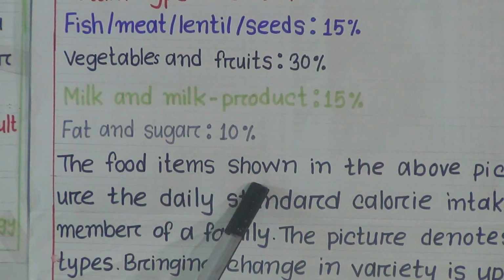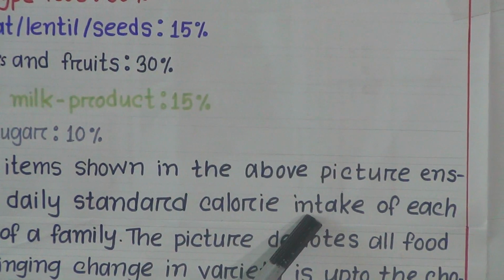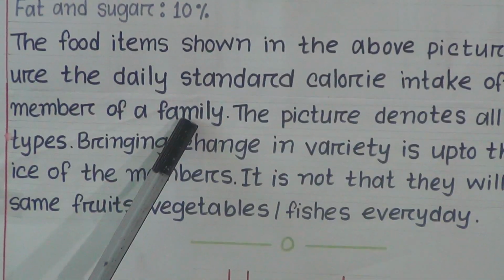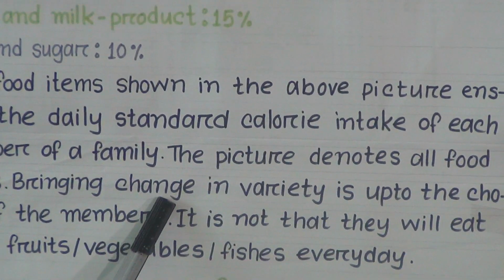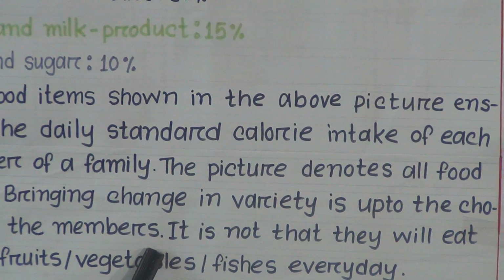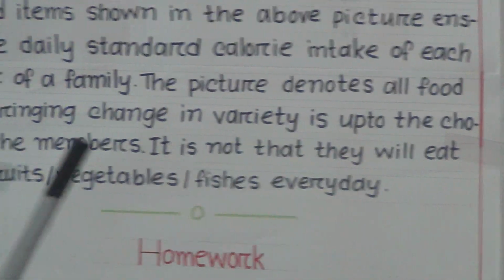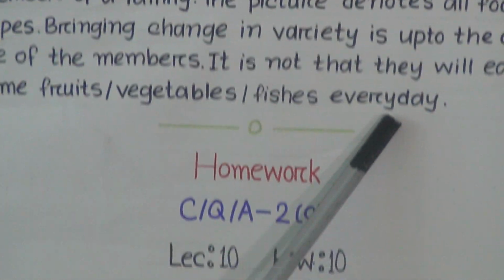The food items shown in the above picture ensure the daily standard calorie intake of each member of a family. The picture denotes all food types. Bringing change in variety is up to the choice of the members. It is not that they will eat the same fruits or vegetables or fishes every day.